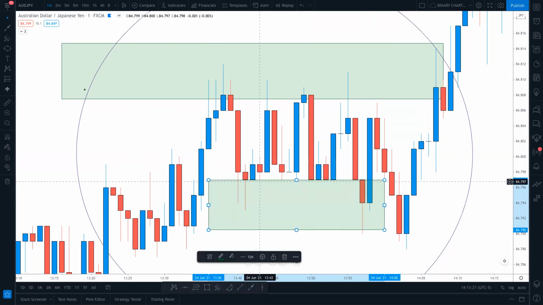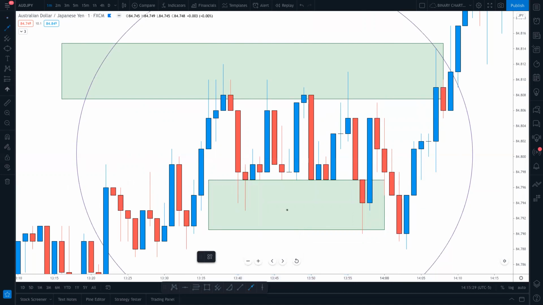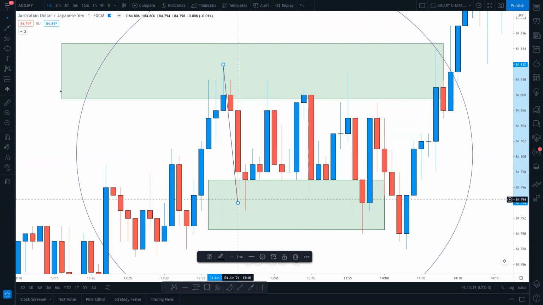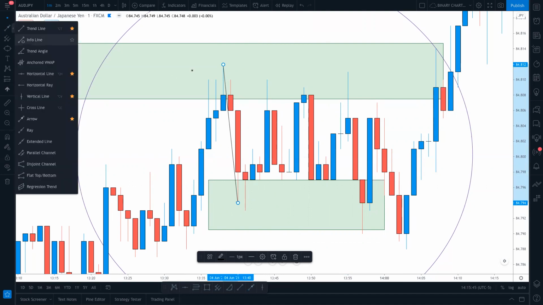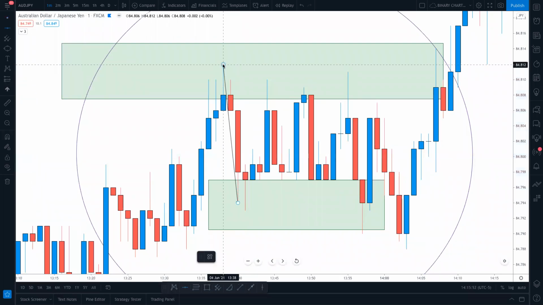Right? So an example would be when it starts from the top of the box and goes down to the bottom of the box, we are going to sell. We are going to sell from the top to the bottom, and then from the bottom to the top, we're going to buy.